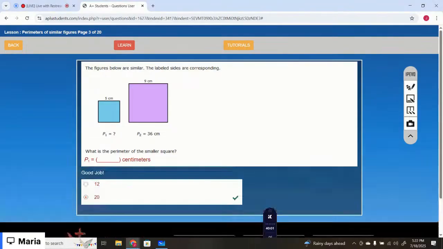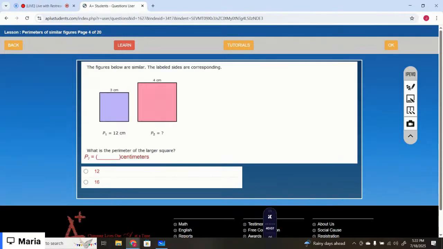Option number 2 is the correct option. The figures below are similar.